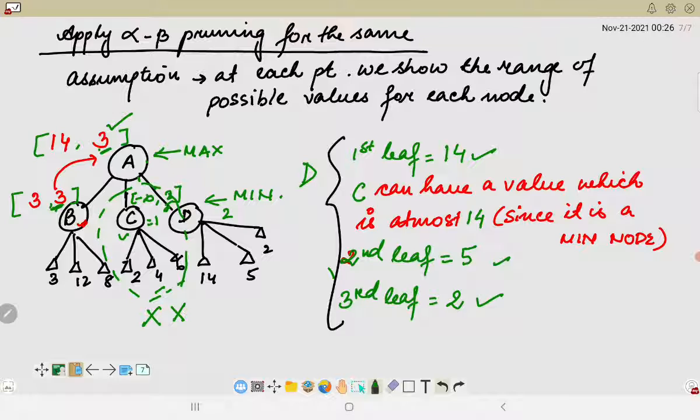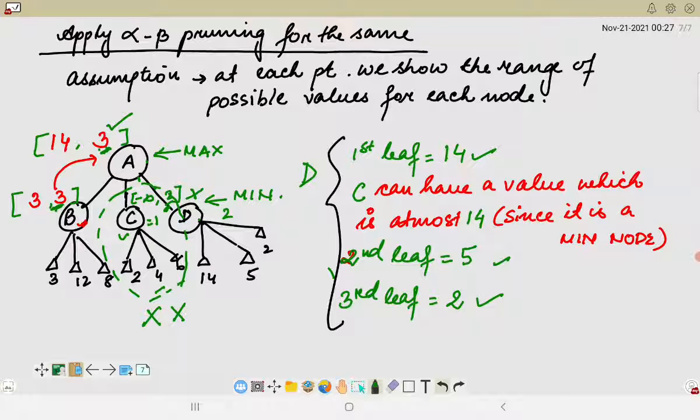Now again the same situation will appear where we already have a value which is 3, and max will only accept a value which is higher than 3. That means this particular D node and its successors also will not be considered.